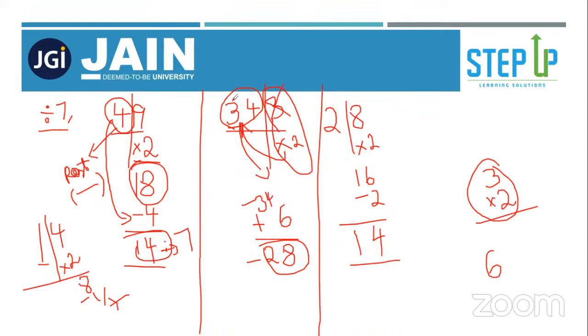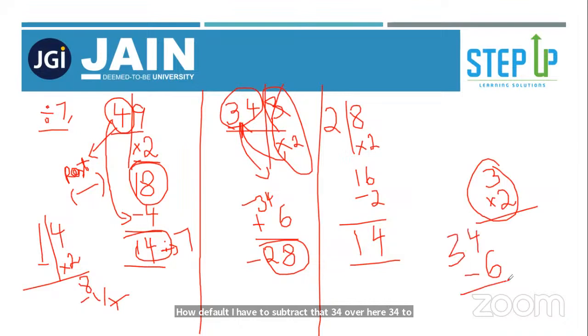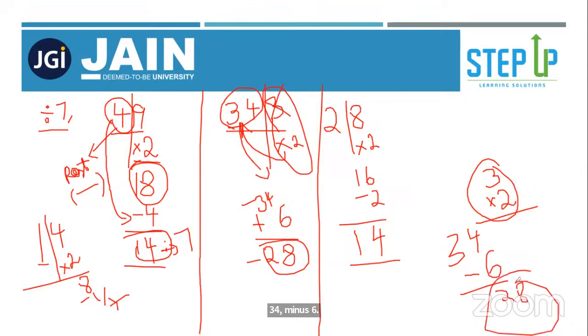I have to subtract that. 34 to be subtracted. 34 minus 6. How much, Jackson? 28. Is that 28 divisible by 7?